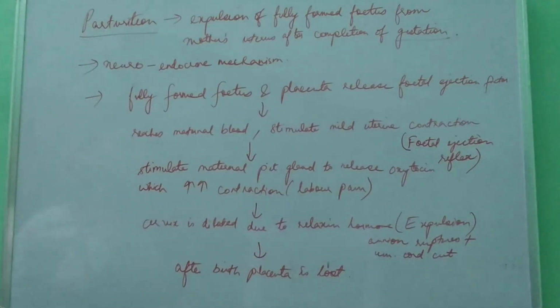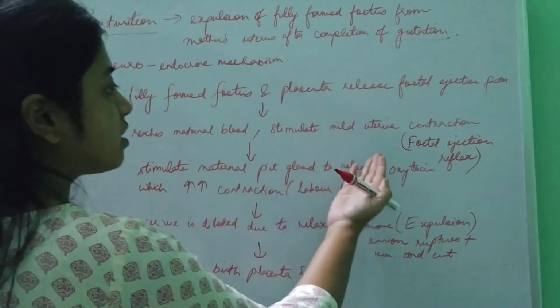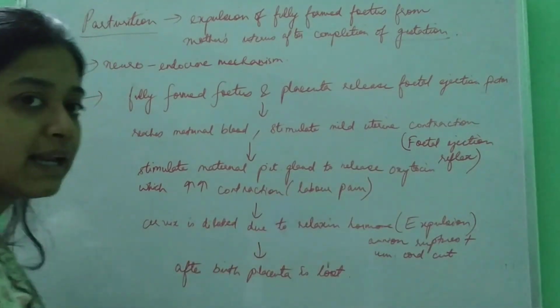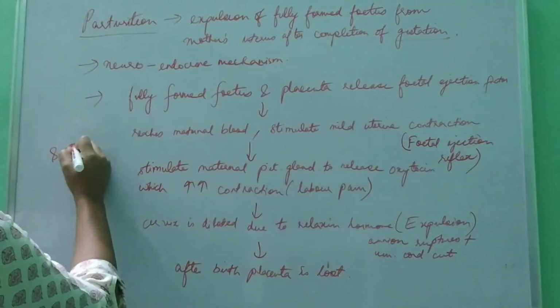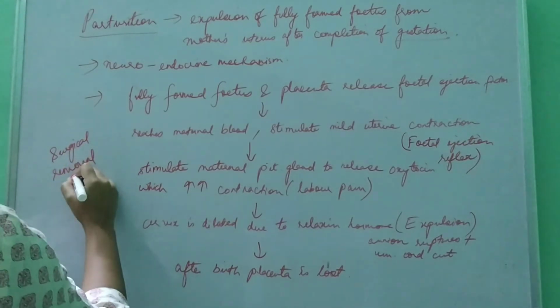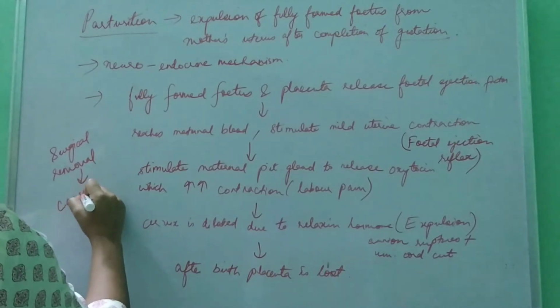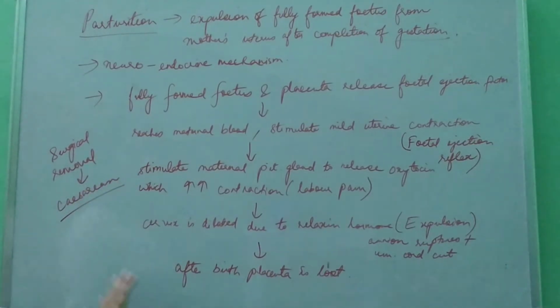Sometimes when these things do not occur normally, suppose the uterine contraction is not occurring normally, cervix is not getting dilated, then surgical removal of the fetus occurs. And this surgical removal of fetus is known as C-section or cesarean section of the baby.